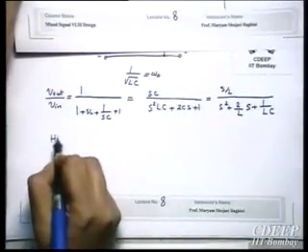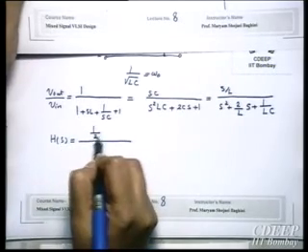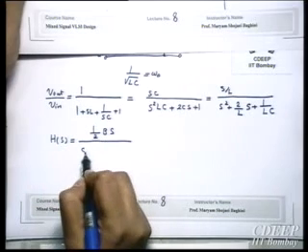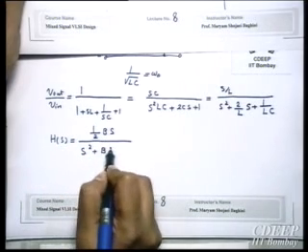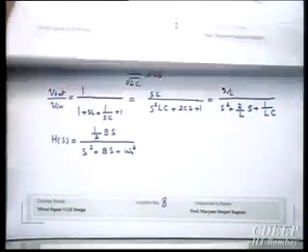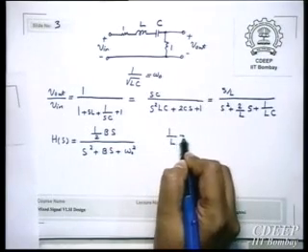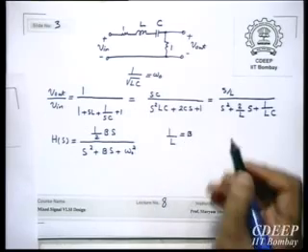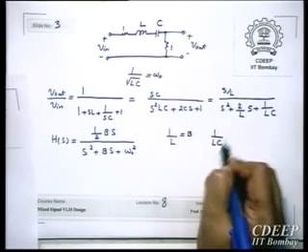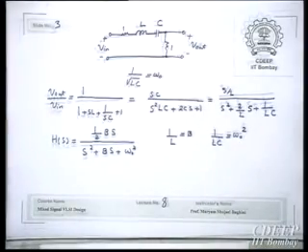So now you compare it with this: 1 upon 2 BS upon S square plus BS plus omega 0 square. Therefore, you will get correspondingly value of 1 upon L will be B and 1 upon LC will be omega 0 square. Then you will get value of LC.